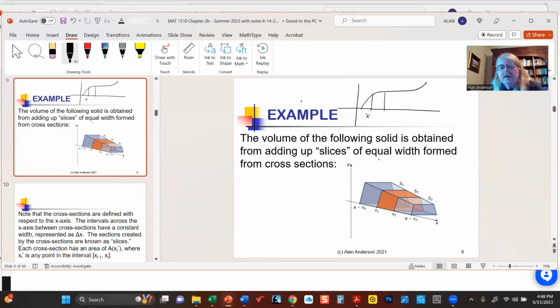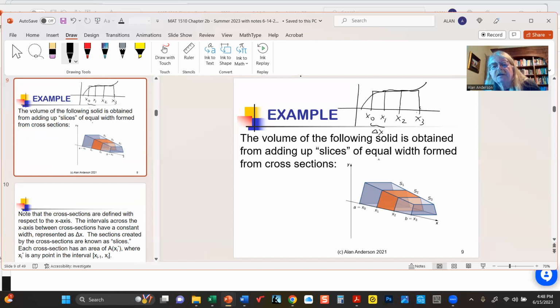And what we were doing initially was coming up with the heights of rectangles. And let's say we're using the right endpoint method. Well, something similar is happening here is what I'm getting at.